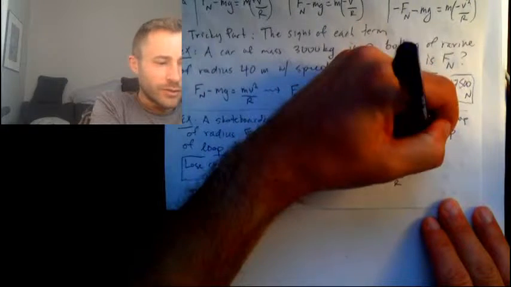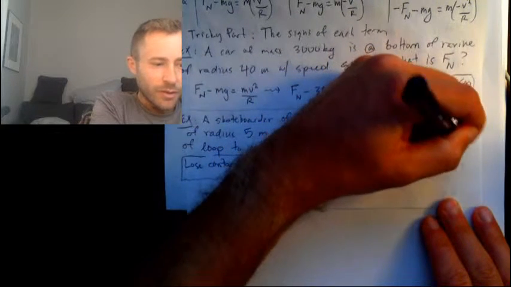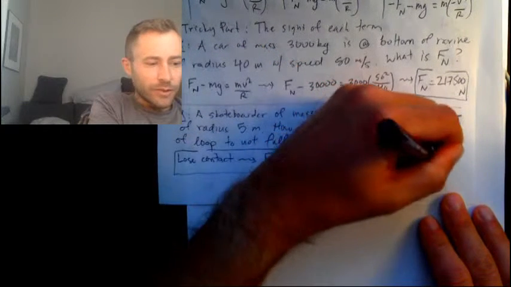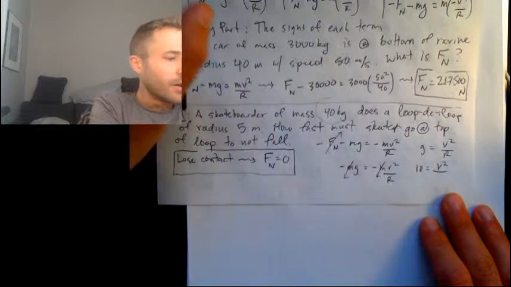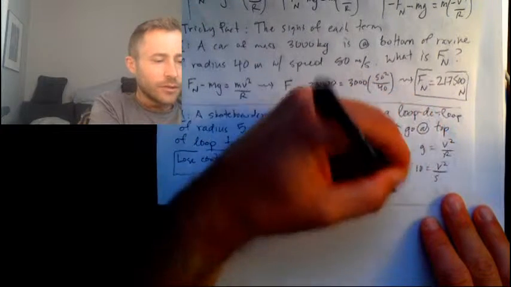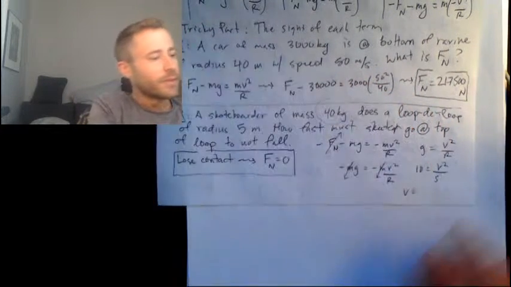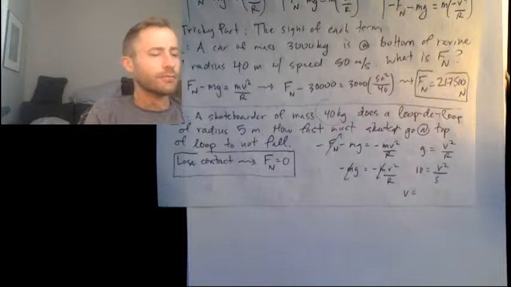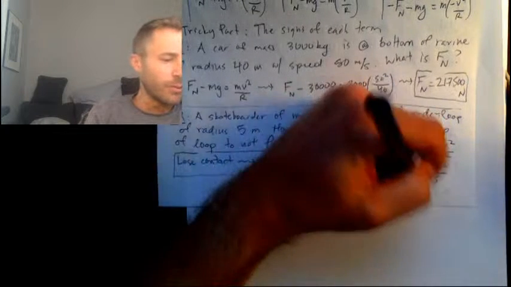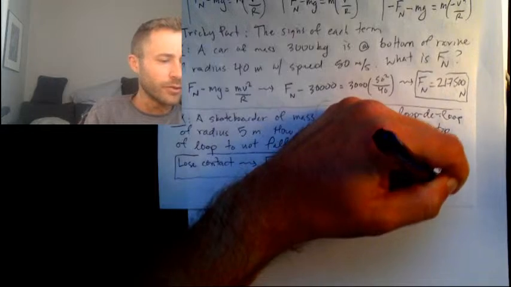So what we get is g equals v squared over r. So we have 10 equals v squared over the radius, which is 5 meters. So we get v equals square root of 50, which is 7.1 meters per second.